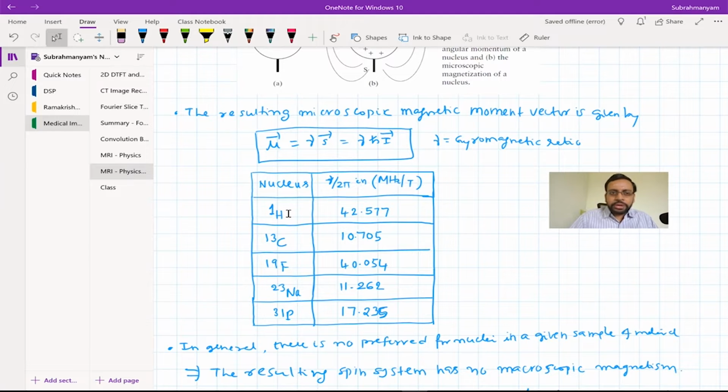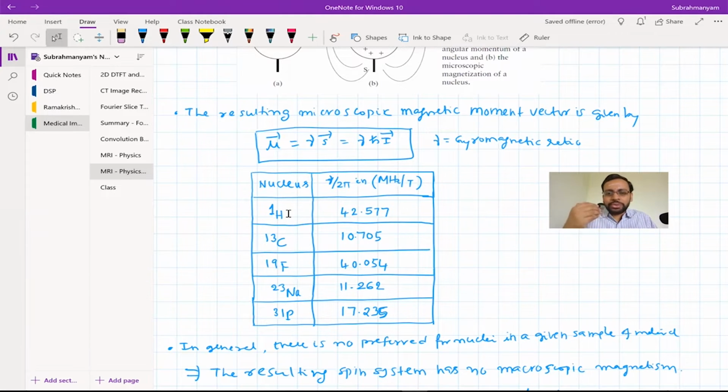Another point we already discussed is that in our body, water is almost 70%. Water has hydrogen, H2O basically. So in the molecules of water, you have hydrogen atoms, which are in abundance in our body.